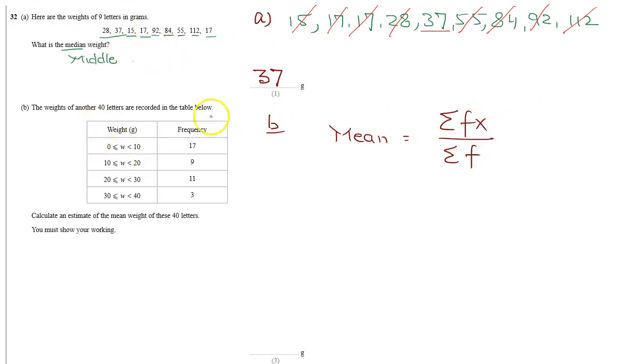So we need f, this frequency is f, and the sum of all these frequencies. In most cases it is always given. For example, the mean weight of these 40, if you add it, this is 20 and 20, 40, it's always given. Now we have to find x, and then you can also write the fx.